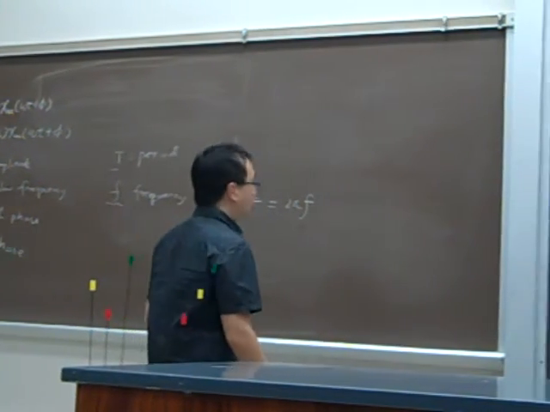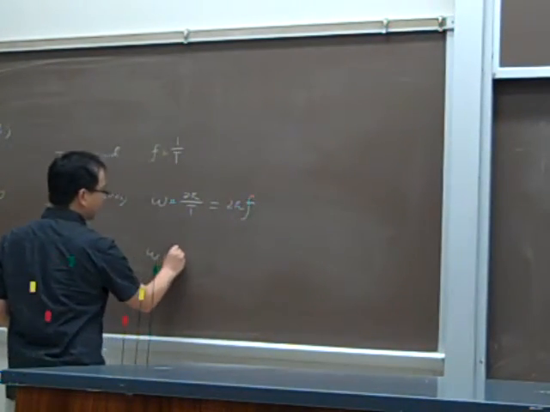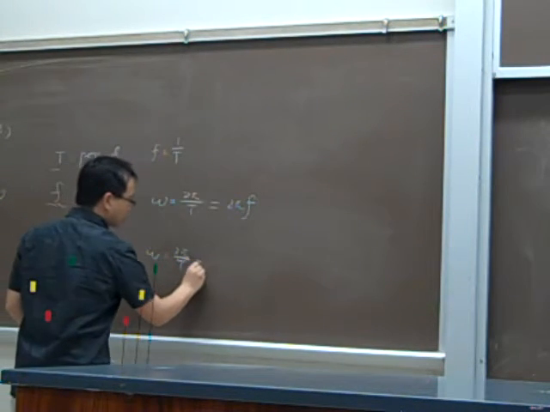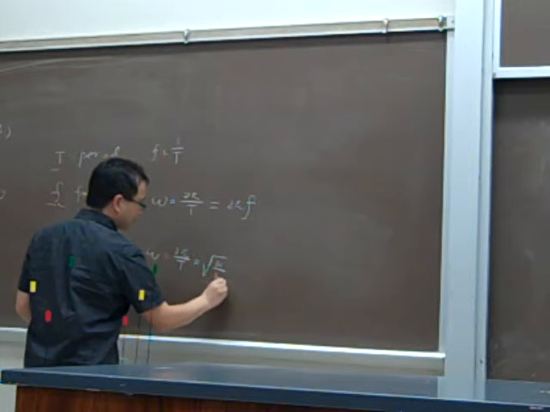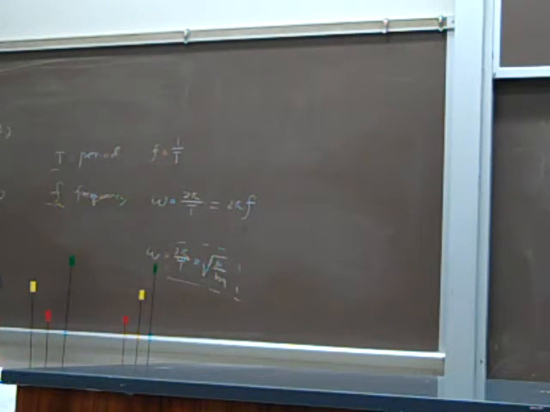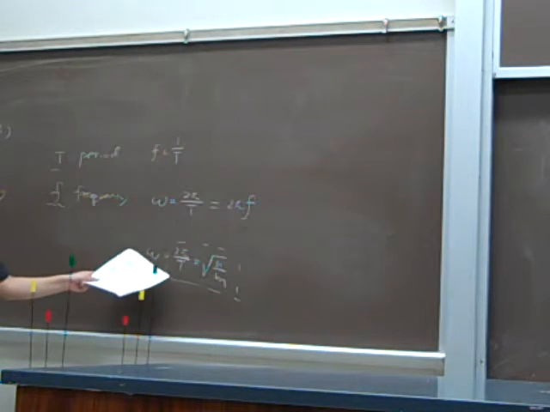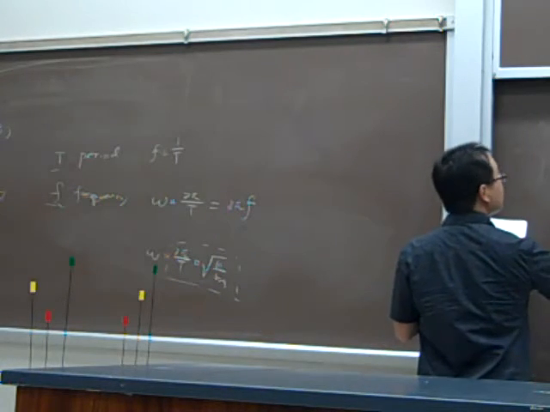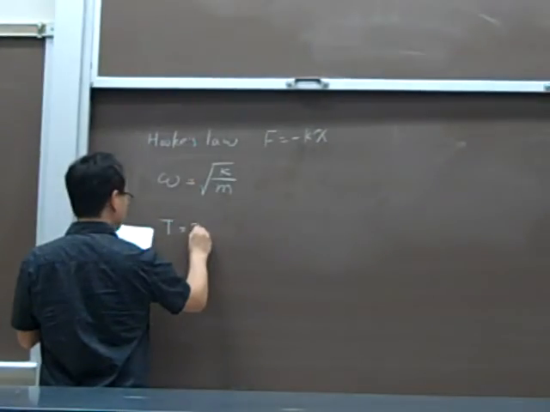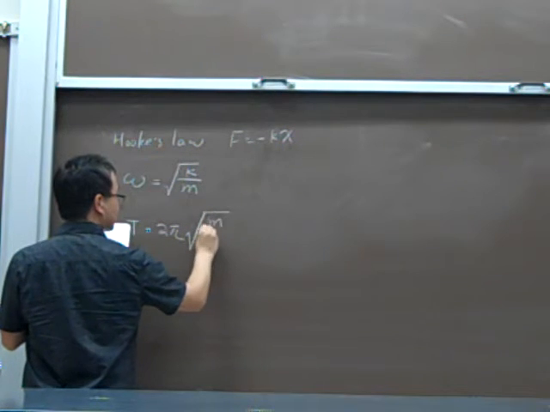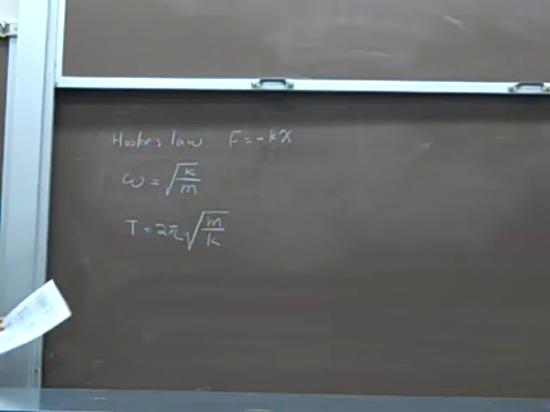As an example, we know omega equals 2 pi over T. On the other hand, omega equals the square root of k over m. By solving these equations, it will give you a relationship between T and k. For the spring system, T equals 2 pi multiplied by the square root of m over k.